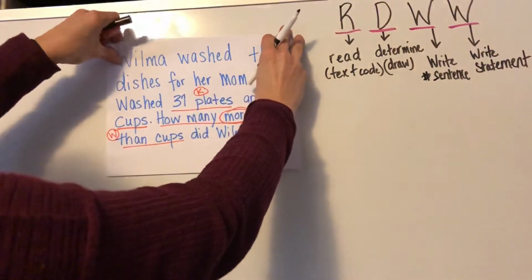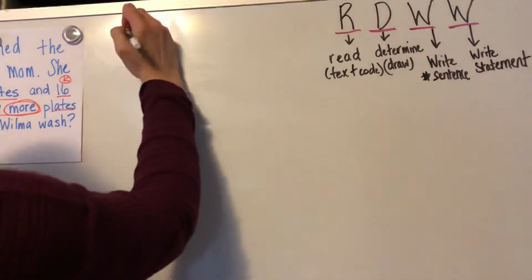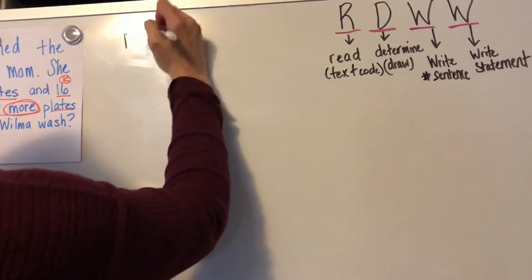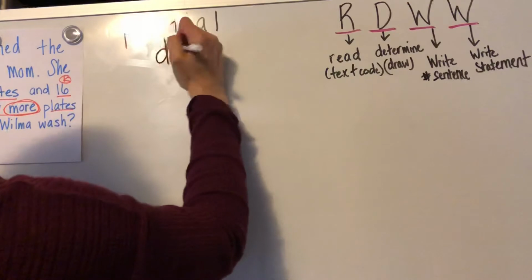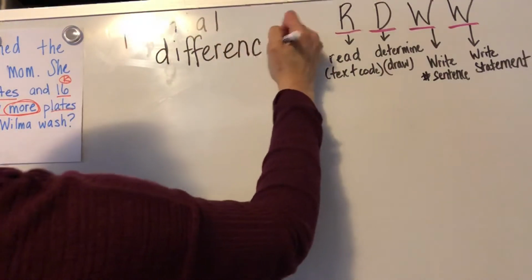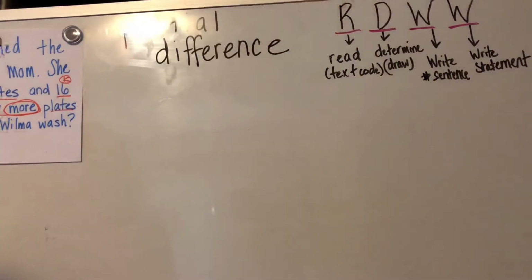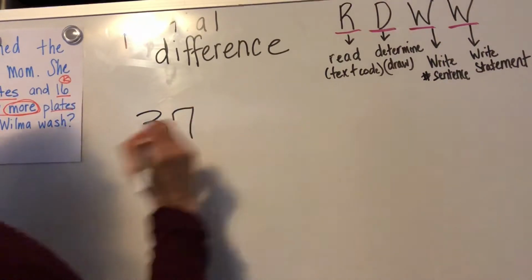I'm going to move this over here because we don't need it right now. And I'm going to write that we're going to use subtraction. We're going to use partial difference. When we use partial difference, we put our numbers, 37, and we subtract.